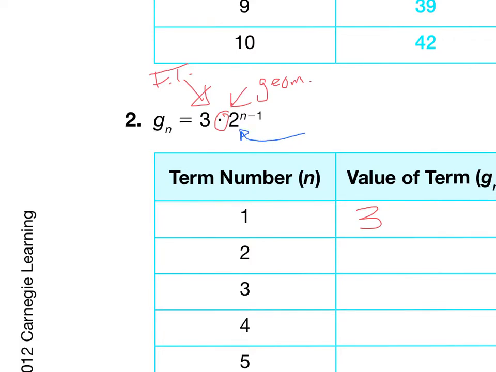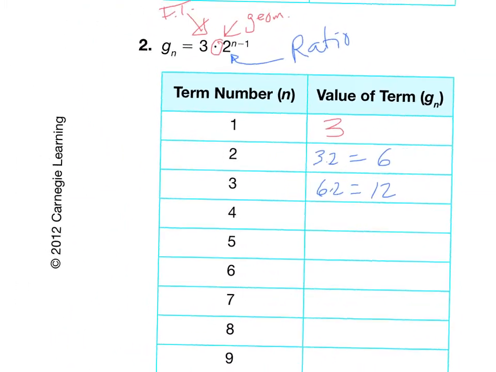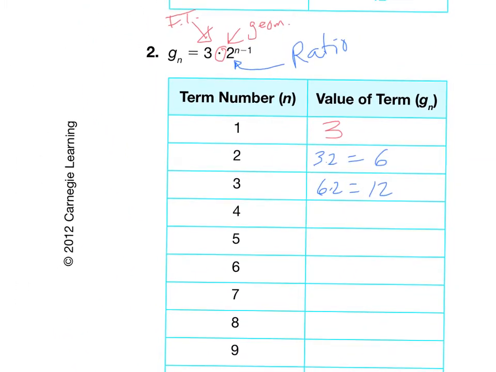It's called the common ratio. So you get the first term and then multiply it by 2. The next one would be 3 times 2, 6. The next would be 6 times 2, 12. You don't have to write all these down, but it's important to understand the terms. 12 times 2, 24, then 48, and so on. Do the rest of those.